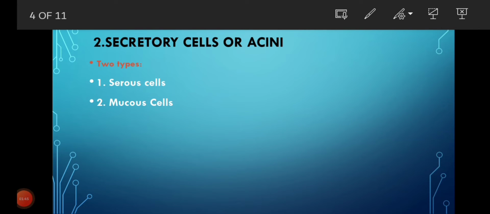Second one is secretory cells. They are also known as acini. They are of two types based on their secretion: serous cells and mucus cells. These two cells differ in their structure and the type of their secretion also.